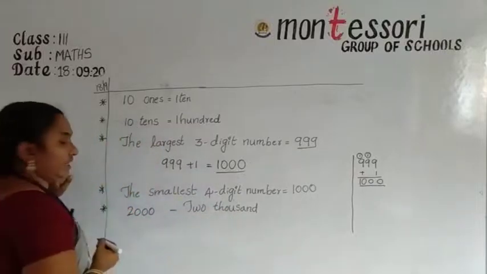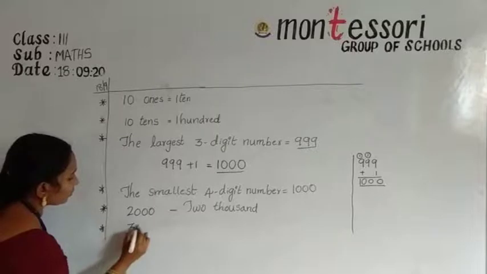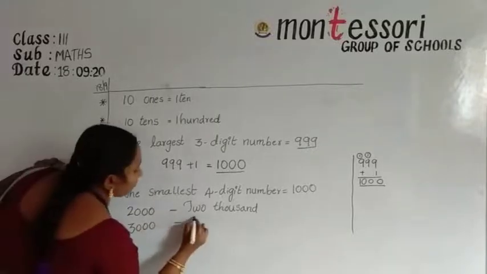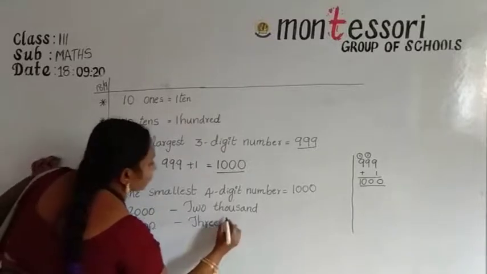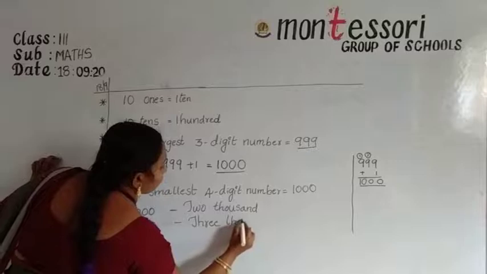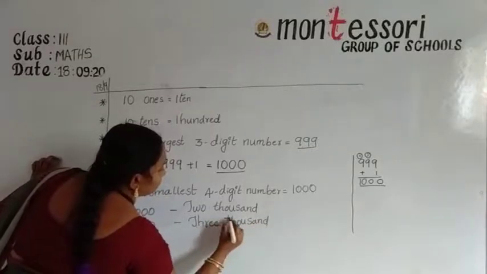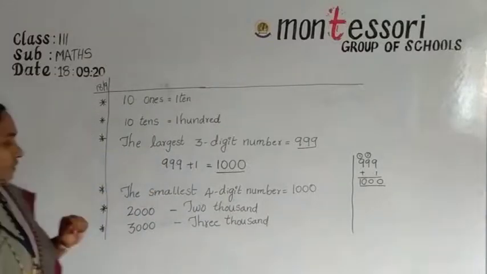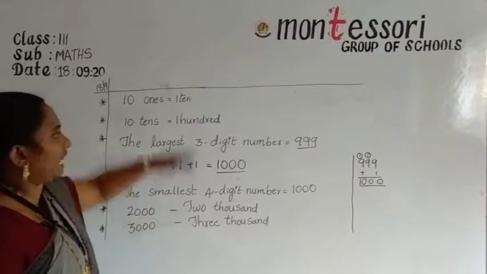Okay, next one, 3000. Give a gap and write neatly. Okay, 3000. And here it is not sufficient, so I am writing again.